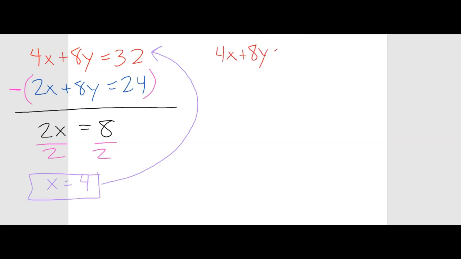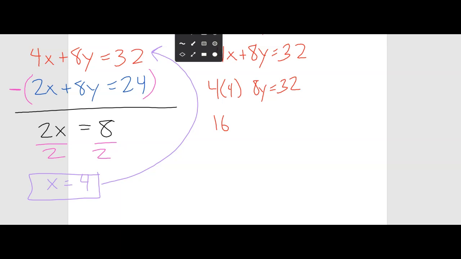4x plus 8y is equal to 32. We know that x is equal to 4. So there we go. 4 times 4 is 16, plus 8y is equal to 32.